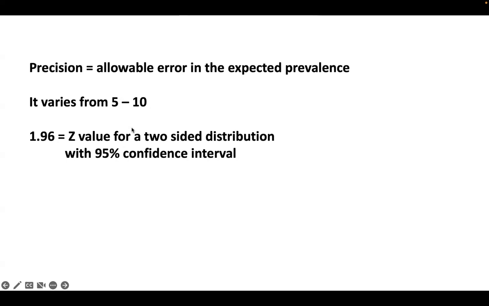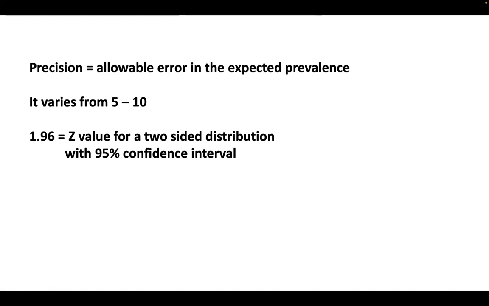Okay. So in any case, if you are seeing that the prevalence that we get from different studies are very near to each other, we can reduce the precision. So whenever the sample size is higher, nobody will object. Whenever sample size becomes lower only, the reviewers may object to it.